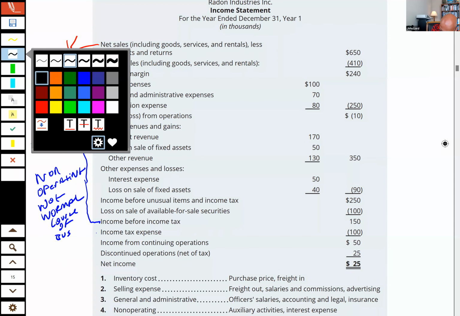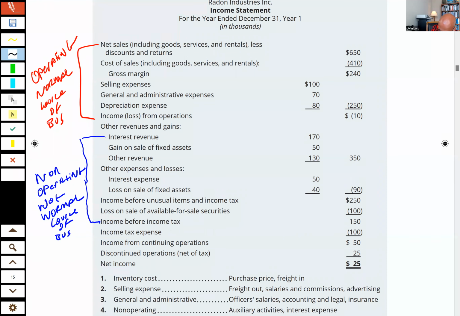And then finally, I guess I need another color here. Okay. We come down here and we have what? We have very small here, our tax. Okay, now you can see here that they brought in some things from discontinued operations and whatnot, but we will basically deal with that a little bit later.